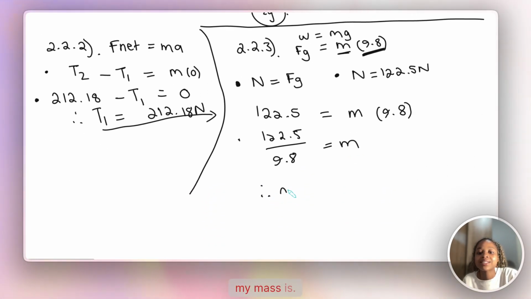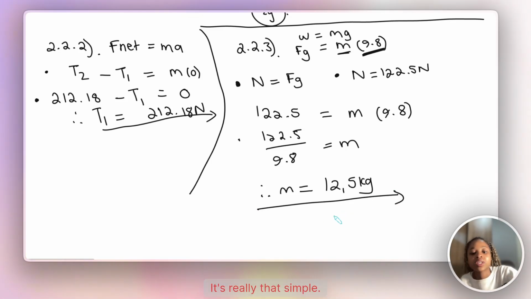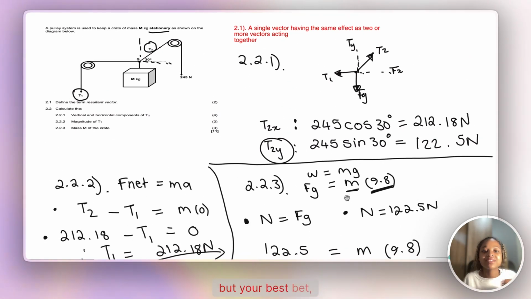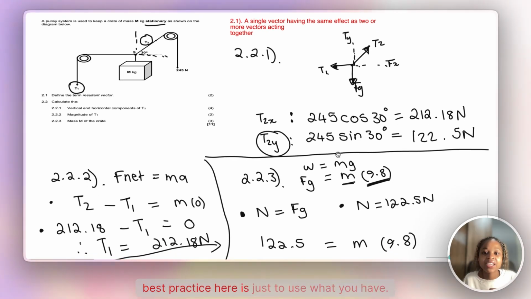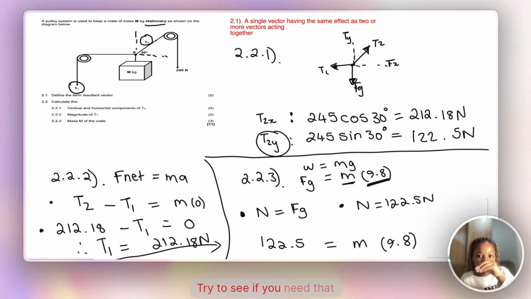Therefore, my mass is 12.5 kgs. It's really that simple. I know it can get confusing, but your best practice here is just to use what you have. What were you calculating before you got to 2.2.3? Try to see if you need that to solve for the next question.